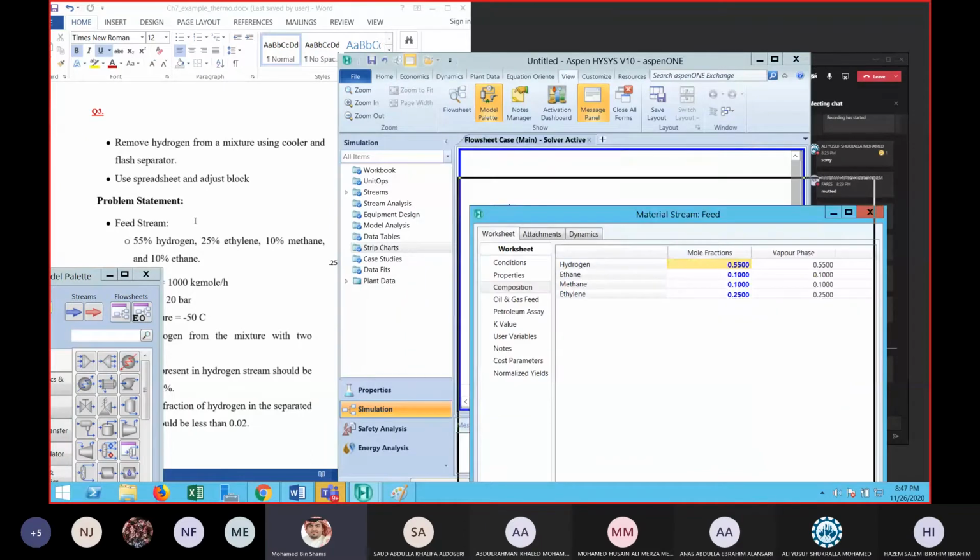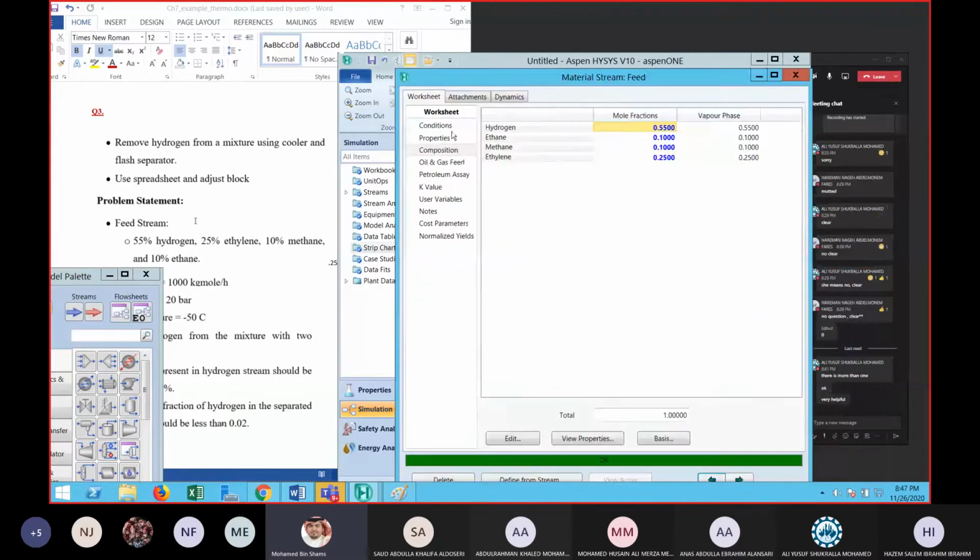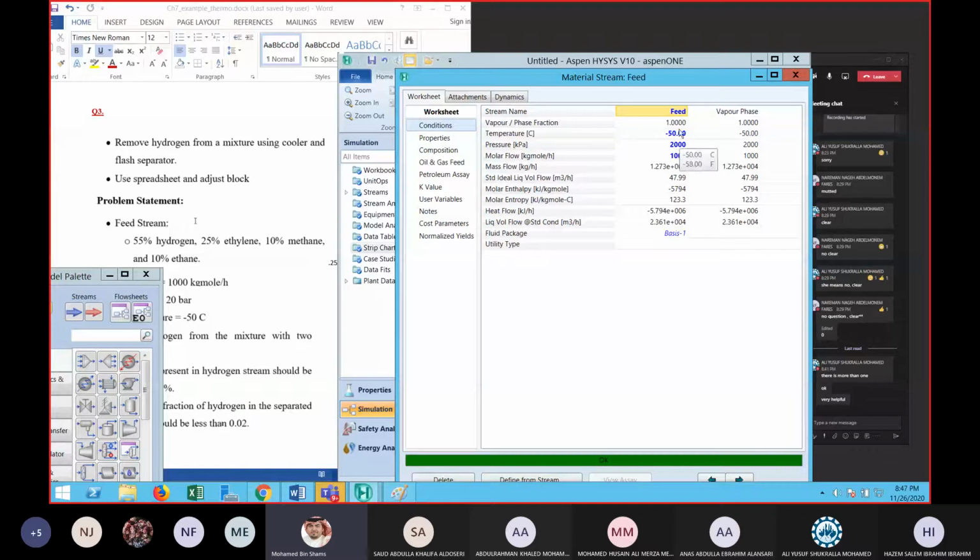Yes okay so the stream converged and at this condition you can see that the stream is a vapor phase. At this condition the stream is a vapor phase.